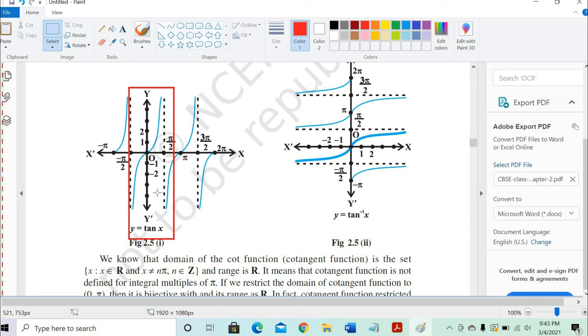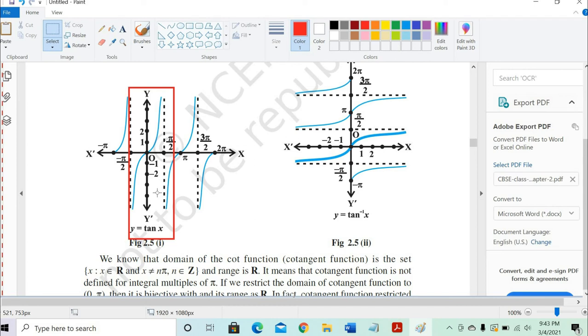Similarly, when you go from 0 to minus pi by 2, that means in the fourth quadrant, tan is negative, so all the values will be on the negative side. Starting with 0, we'll go to minus infinity. So the graph is continuous from minus pi by 2 to pi by 2 only.